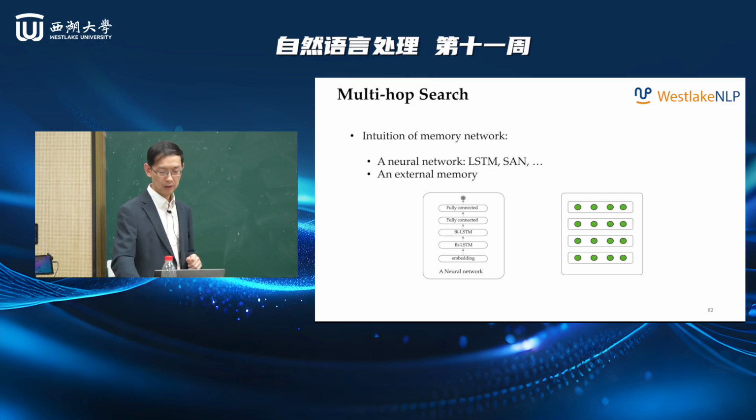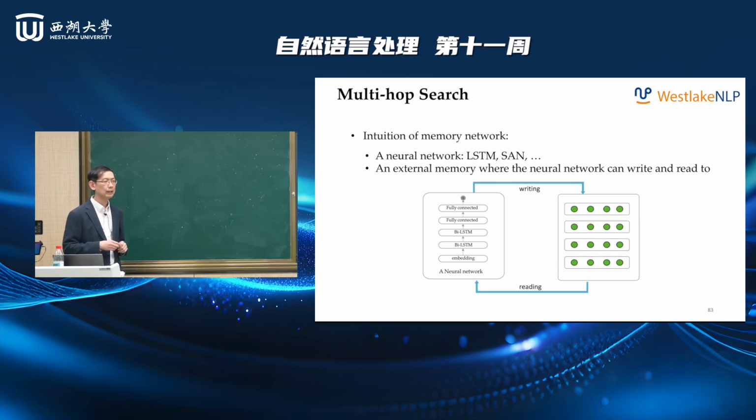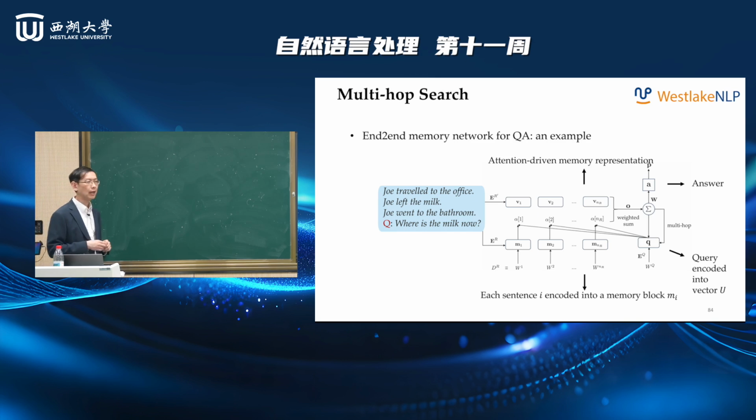And then the neural network will interact with the memory by sometimes reading things from the memory and sometimes writing things into the memory. So this is a simple concept of memory network. And we apply this memory network concept to our multi-hop reasoning example.